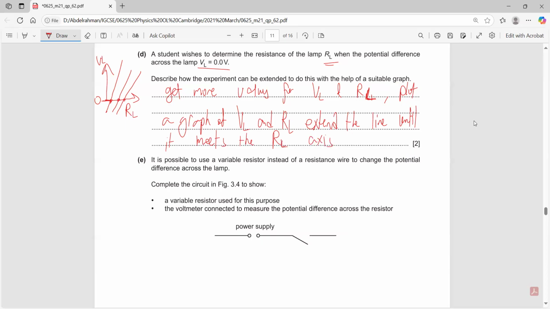At the RL axis, this is when VL is actually equal to 0.